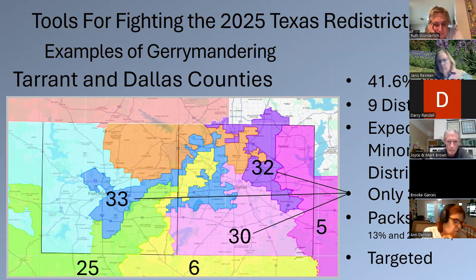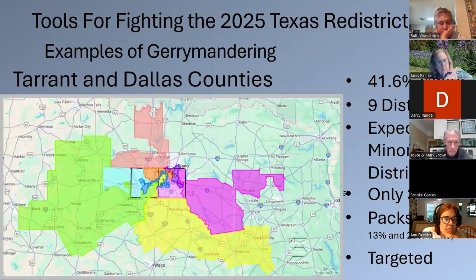And I'm going to throw up these numbers here because you can see those are concentrated. 25 and 6 are real examples of dilution. You can see they pull out a dense quantity of Democrats here, and then they dilute them with a vast area outside of Dallas.